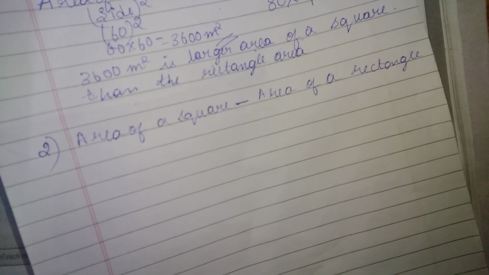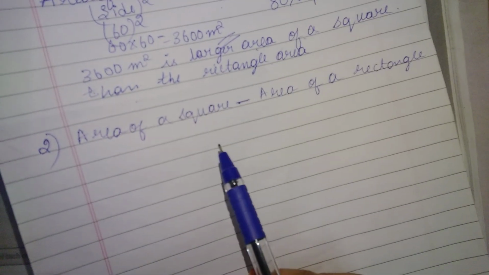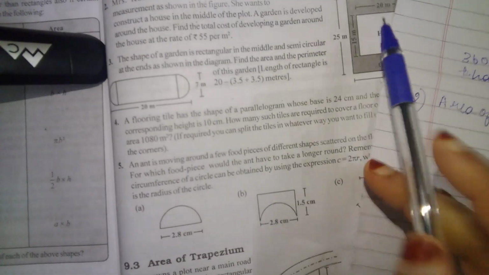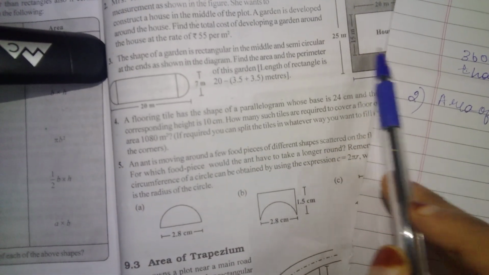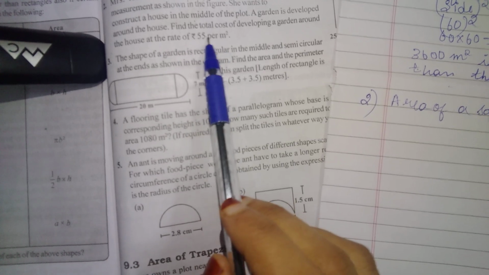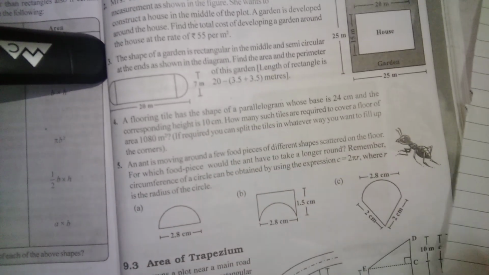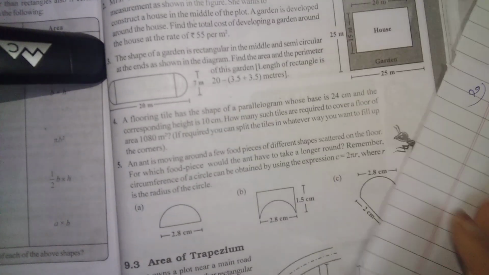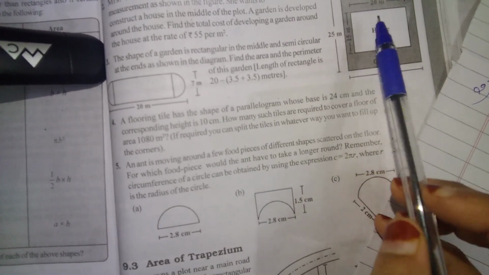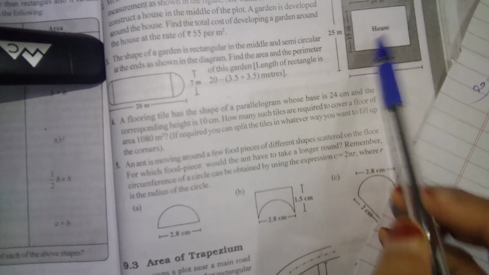See, if we find the area of a square and minus the area of the rectangle, only then we'll get to know the rest, the garden developed at the rate of rupees 55. If we minus both, only then you'll get to know how many meters she needs for the garden around the house in the middle.